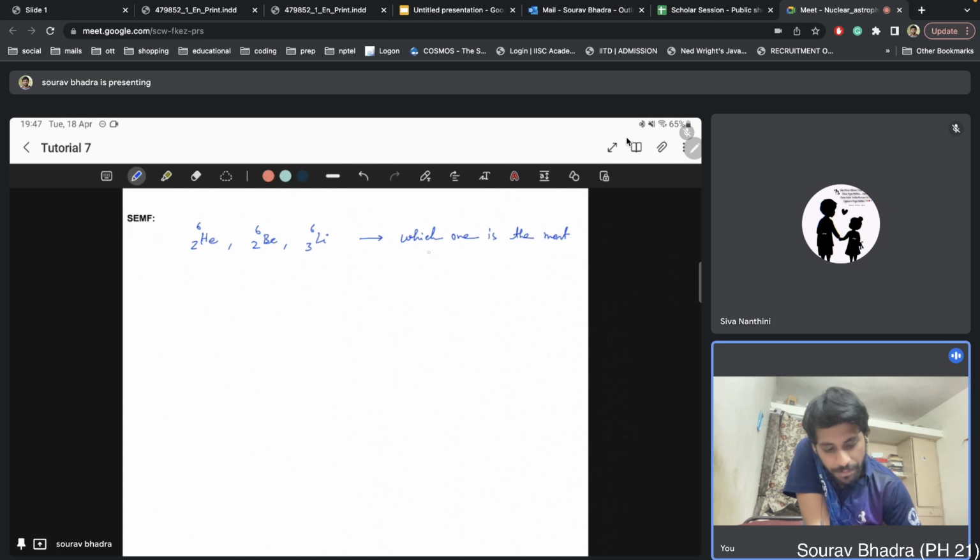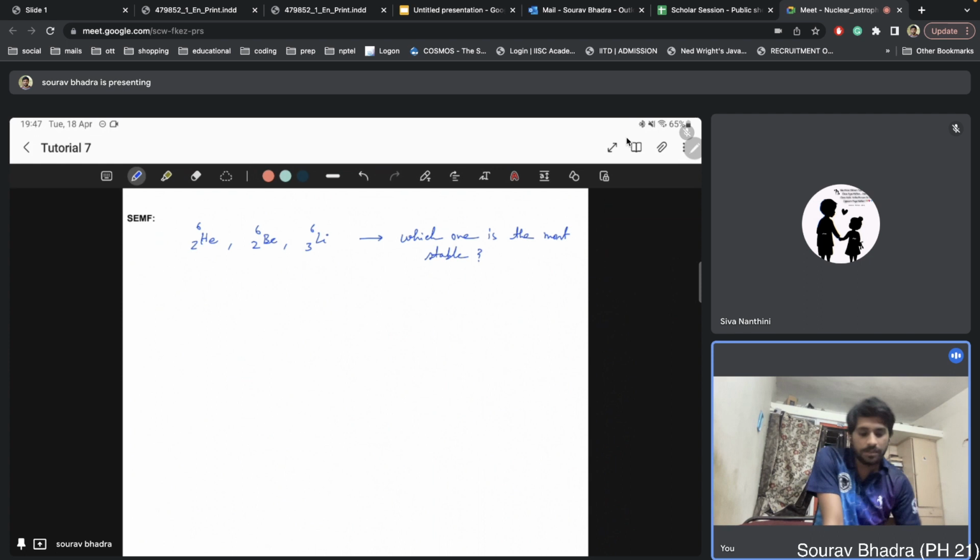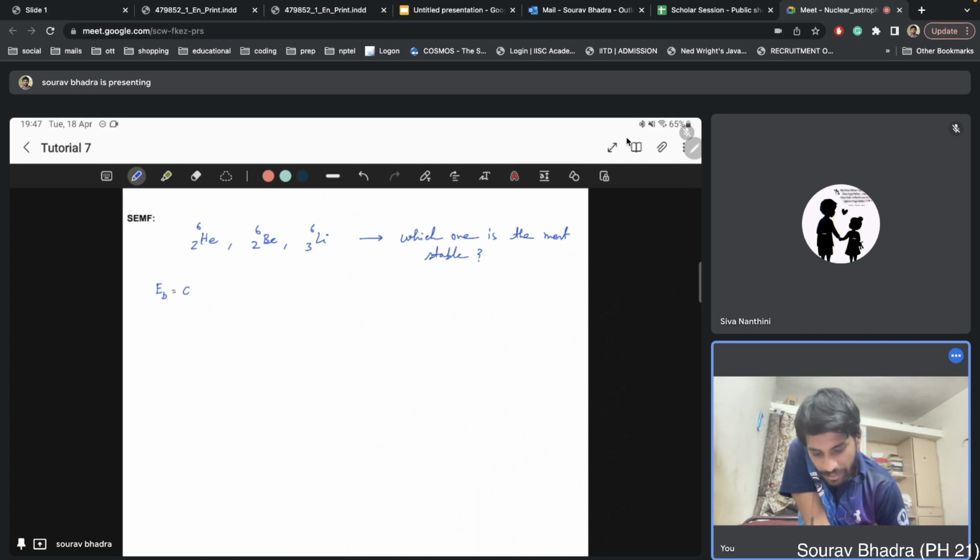You can find this type of problem everywhere: which one is the most stable among these 3 elements. We will do that from the semi-empirical mass formula. Our binding energy was written as a_V A minus a_S A^(2/3), the surface term, minus a_C Z(Z-1)/A^(1/3), and then a_A, the asymmetry part.